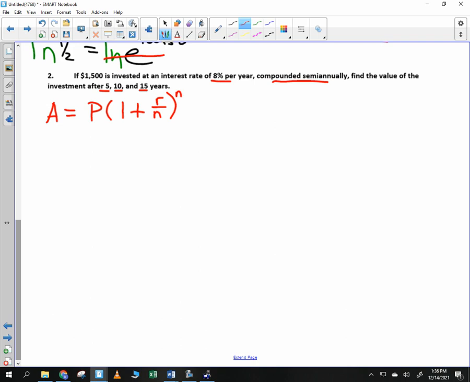We raise that to the NT power, where N again is the number of times it's compounded and T is the number of years in which it's been invested. You good? R is the rate at which it's invested.